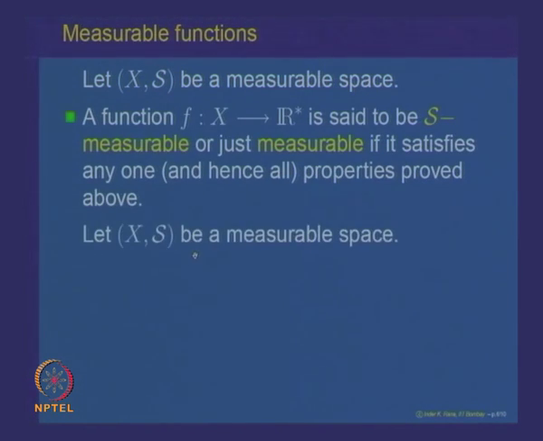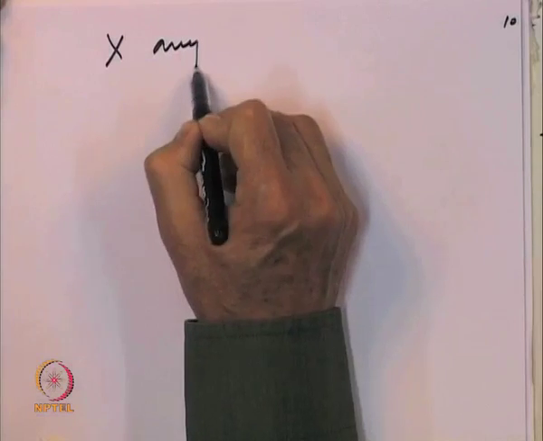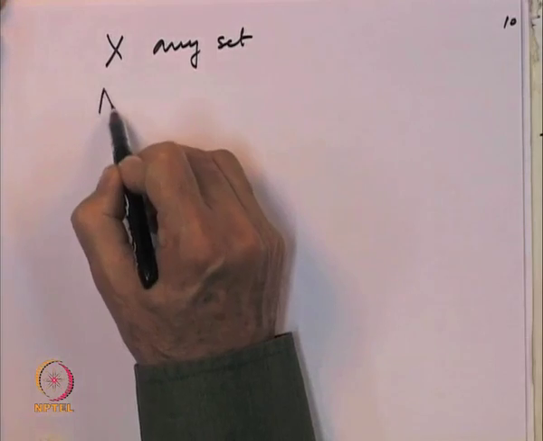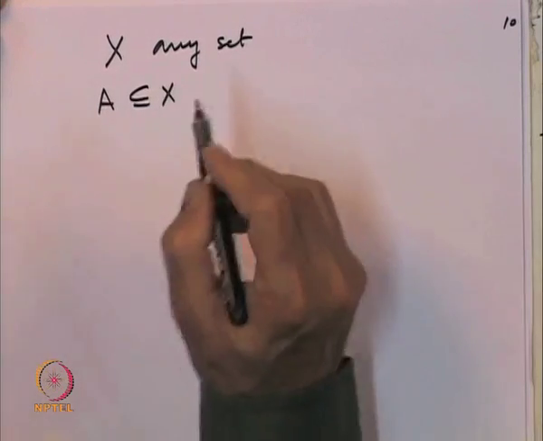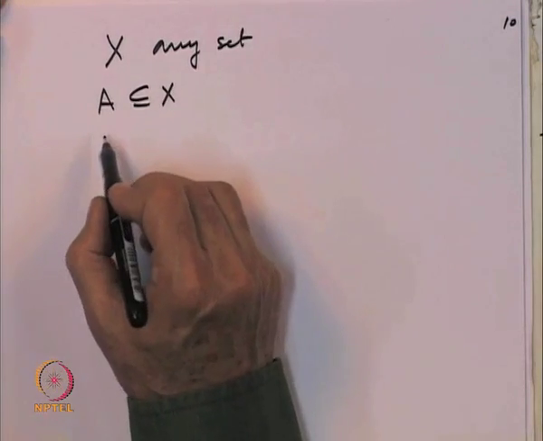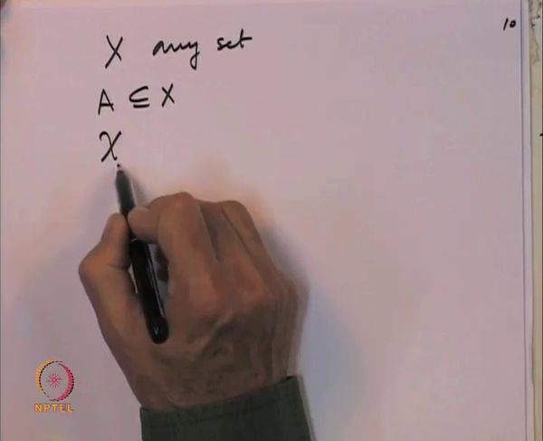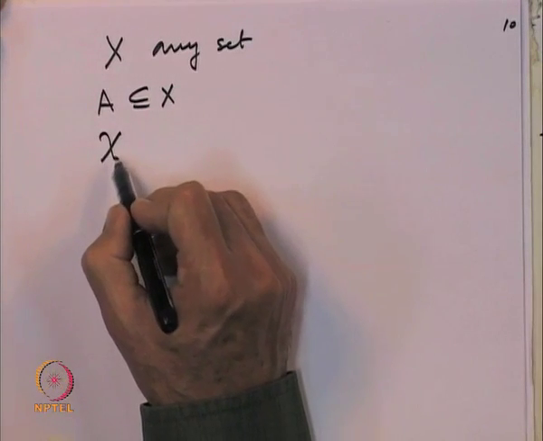Let us look at some examples. The first example is that of what is called the indicator function of a set. So, let us take X any set and A a subset of X. So, we define a function called chi of A. This is the Greek letter chi.